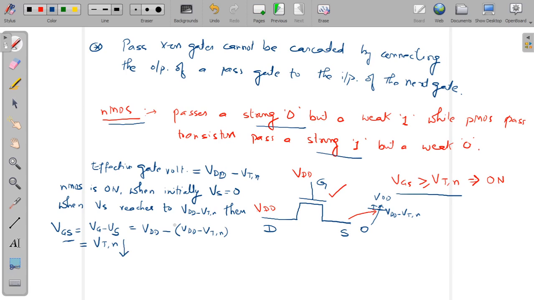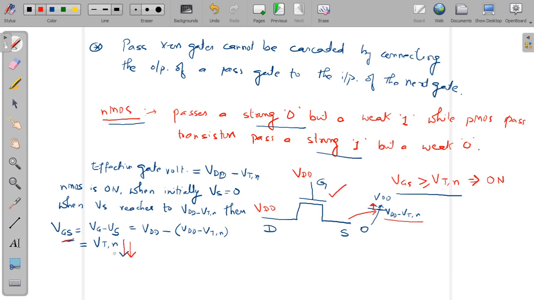Is it clear? So again, when the source is at this level VDD minus VTN, the value of VGS is equal to VTN. So obviously when the source terminal goes above this mark VDD minus VTN, then the value of VGS will fall below VTN.